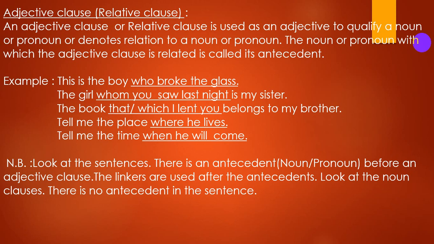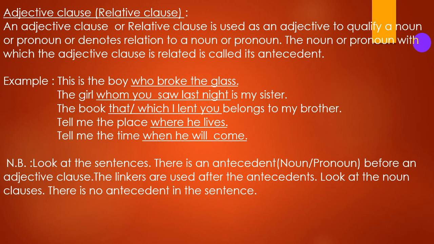Next sentence. The girl whom you saw last night is my sister. Whom you saw last night is an adjective clause. It qualifies the noun the girl. Next sentence. The book that or which I lent you belongs to my brother. That or which I lent you is an adjective clause.